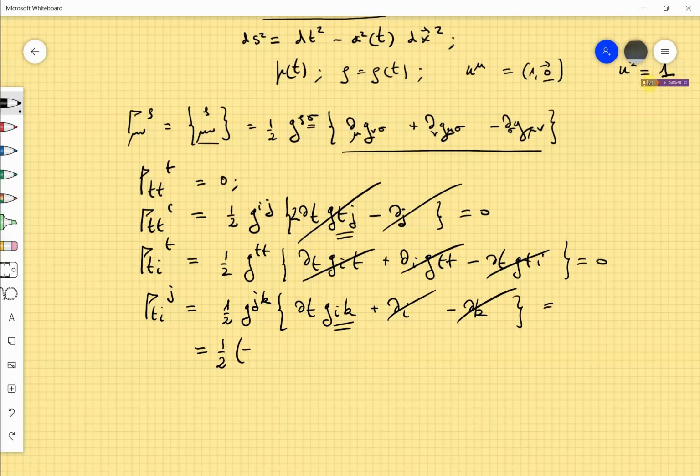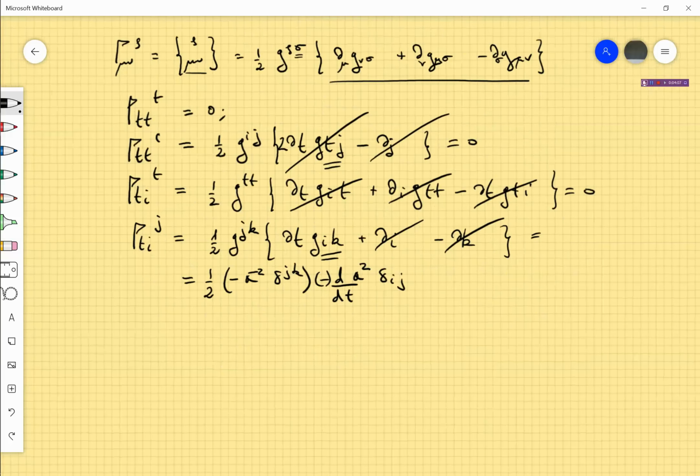Now this is minus a squared times 2 delta jk, and this is actually the total derivative of minus a squared. So this has another minus delta ik. It's a total derivative because this depends only on t. Delta and delta give me another delta.